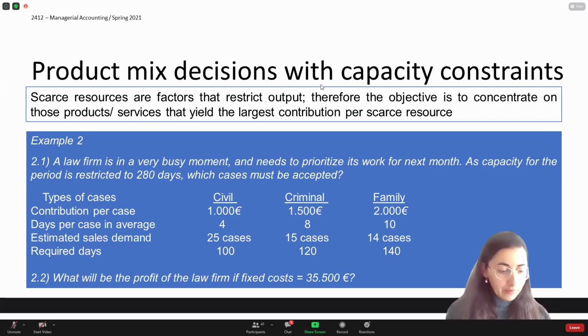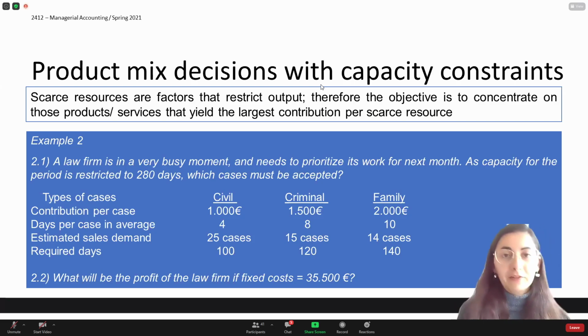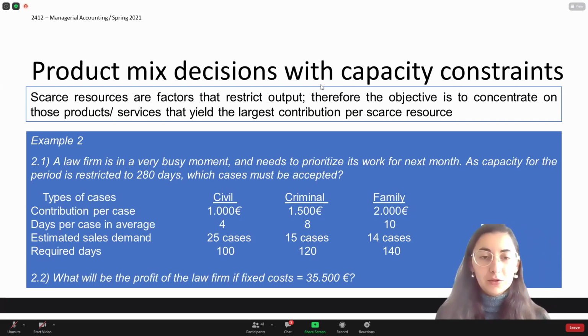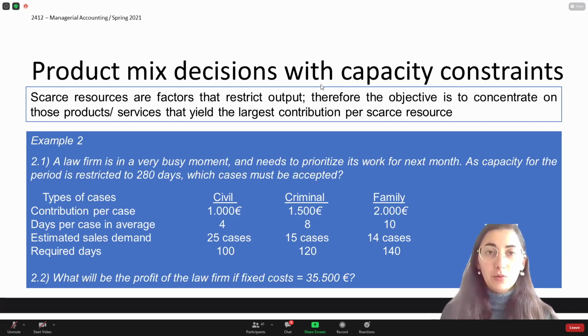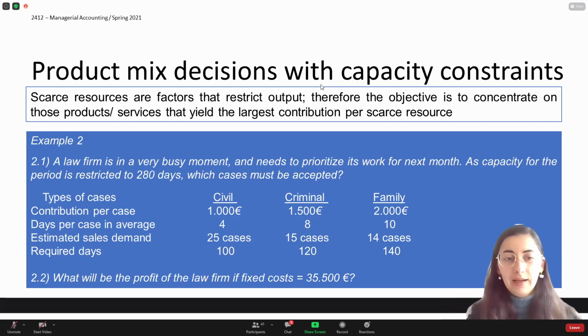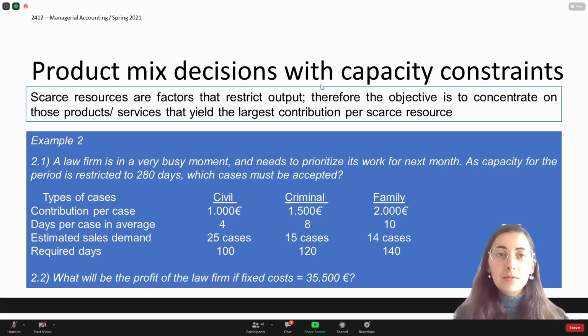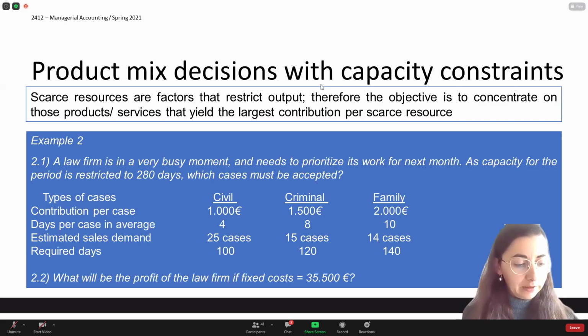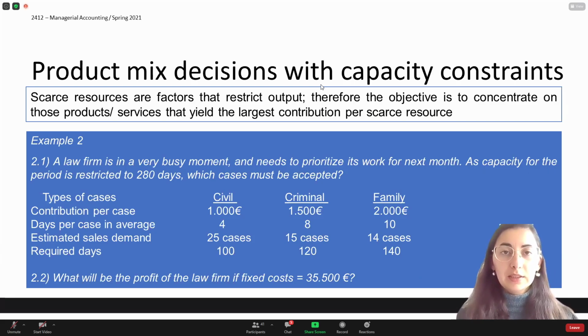25K. 25,000, exactly. Very good. So there are two ways to very quickly calculate the profit. Either we multiply the contribution per case times the number of cases, or we use the contribution per scarce resource.